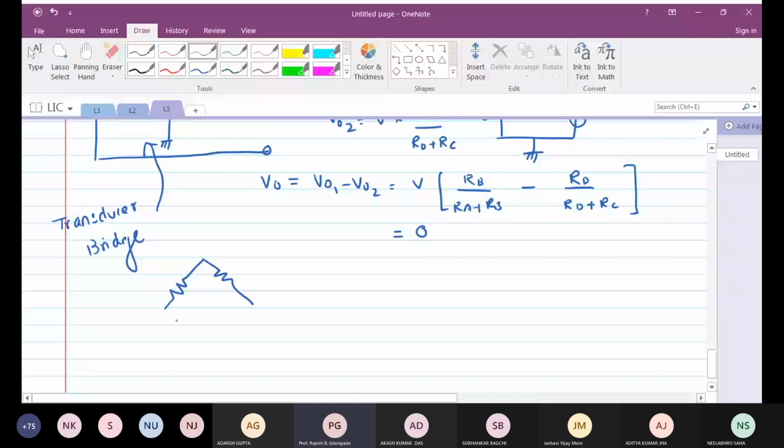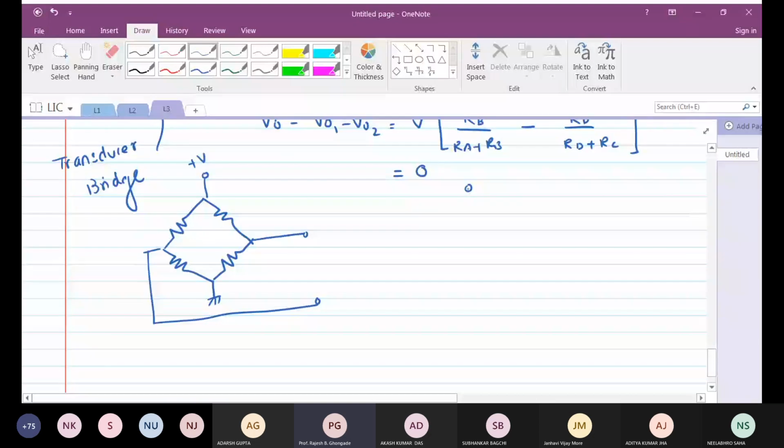Now I want to amplify the output of the bridge for various reasons. I have to amplify this bridge. This is your plus V. Now can I use a single stage voltage amplifier over here?